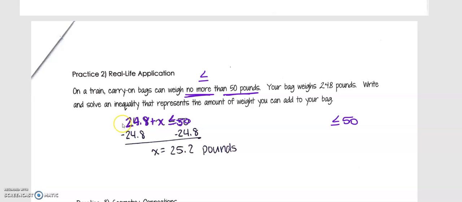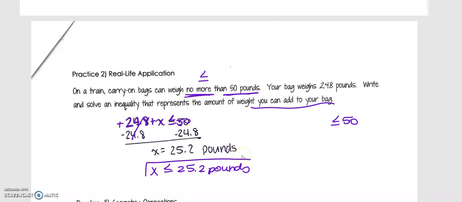I subtract because what's the sign right here in front of the 24.8? Isn't that a positive 24.8? So that's why I subtract it over. Then I bring down what's left. I'm going to have x is less than or equal to 25.2 pounds. So I can add less than or exactly 25.2 more pounds to my bag.